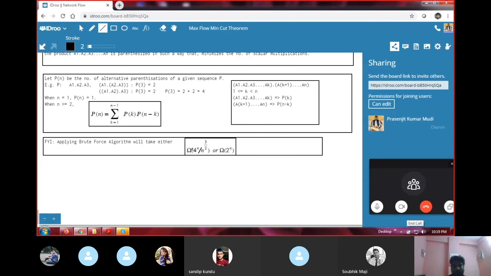Either 2 to the power n or 4 to the power n by this one, which is taking a lot of time.